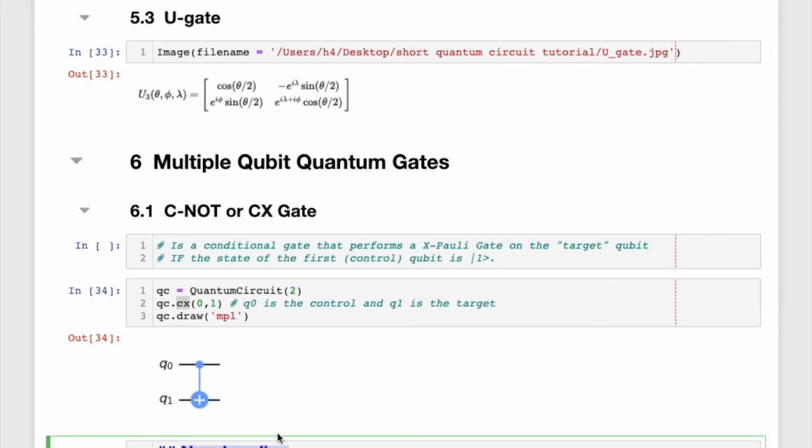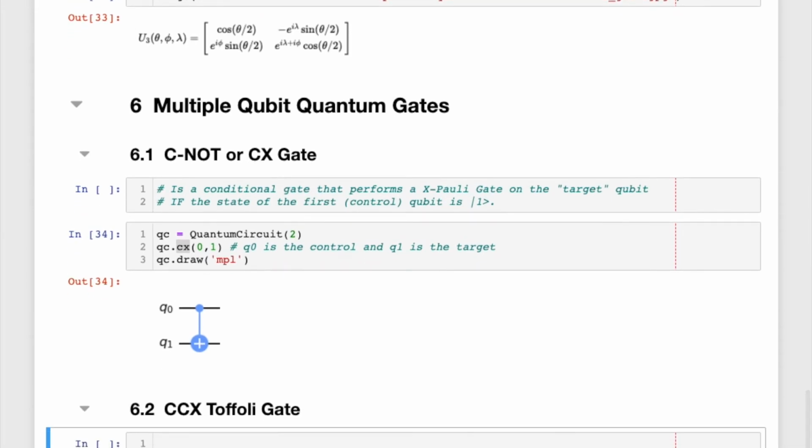So the next one is the CCX, also called the Toffoli gate. This is a 3-qubit gate with 2 controls and 1 target. Here is the same logic.